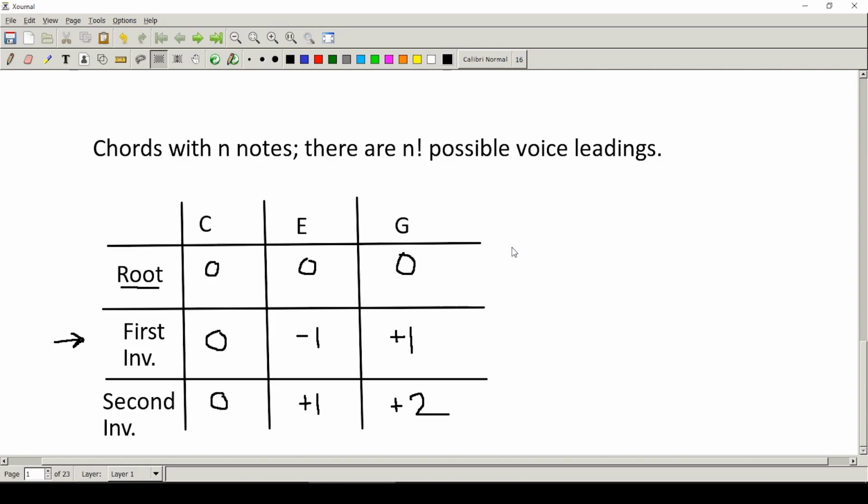Let's actually go ahead and try to apply this to 7-note scales now, specifically diatonic scales, or you might think of them as major scales.